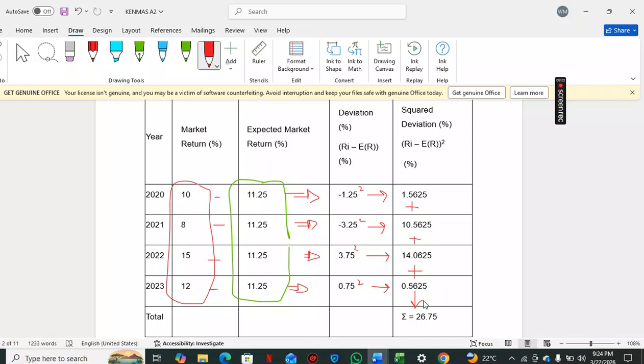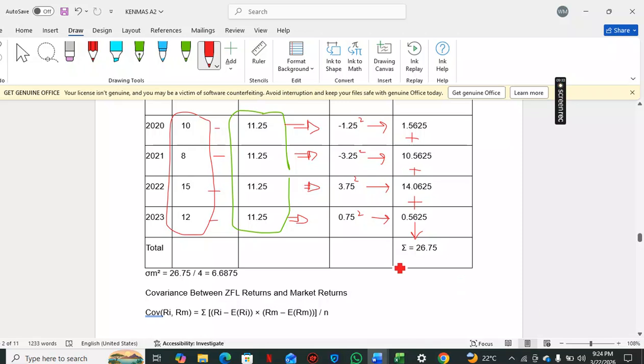You're going to get 26.75. Then 26.75 divided by 4, and take the square root, 6.6. So the Lusaka Securities Exchange has a smaller standard deviation, meaning on average your returns will be close to 11.25.